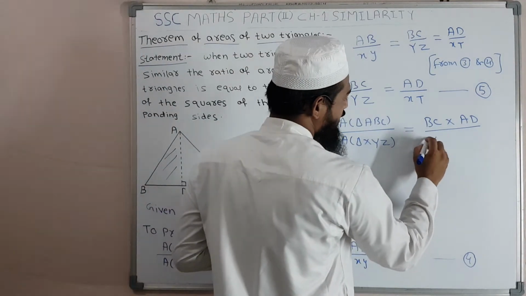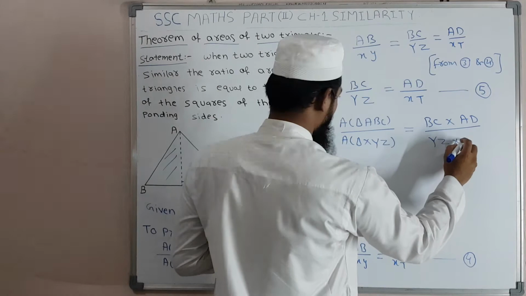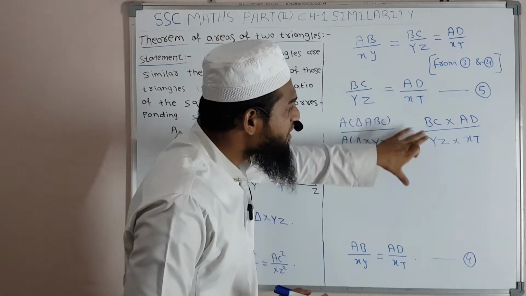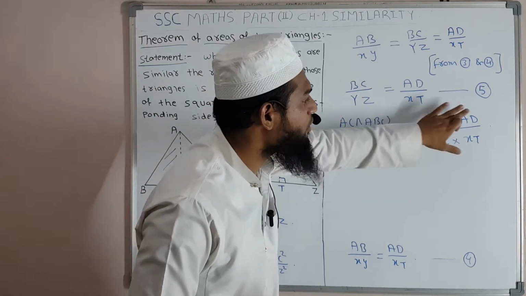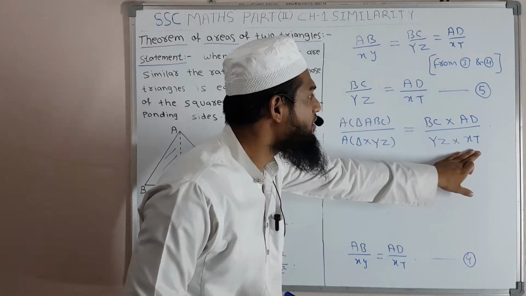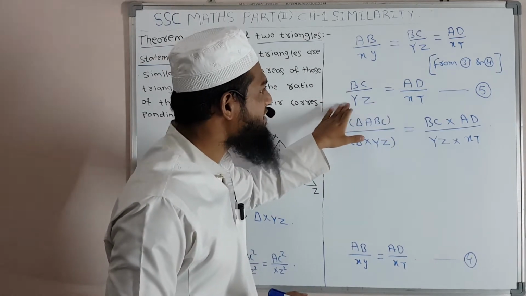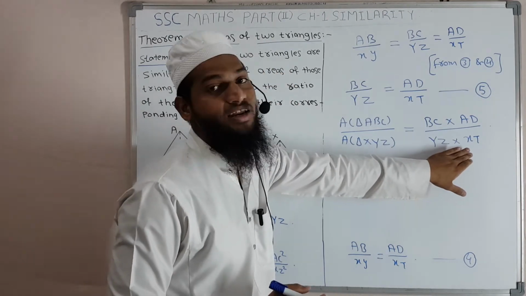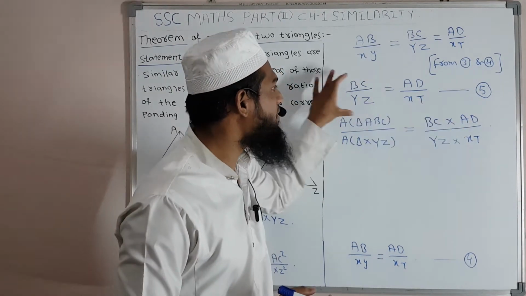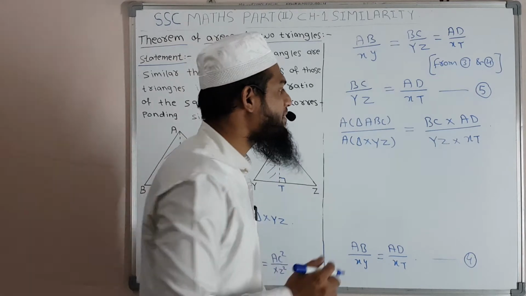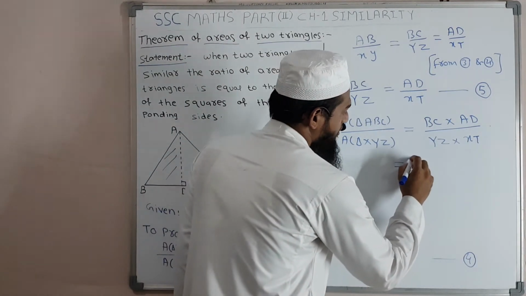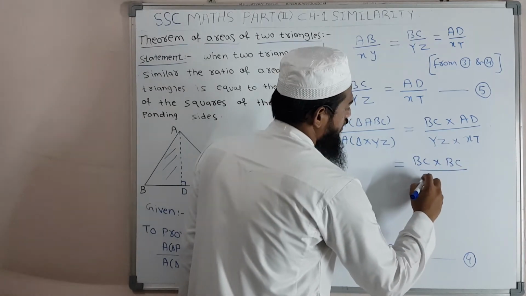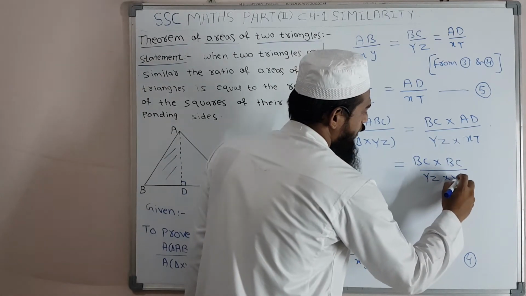So I can write YZ into XT. So BC into AD upon YZ into XT, and we know that BC upon YZ is equal to AD upon XT. If I replace AD upon XT with BC upon YZ, then I am getting BC into BC upon YZ into YZ.